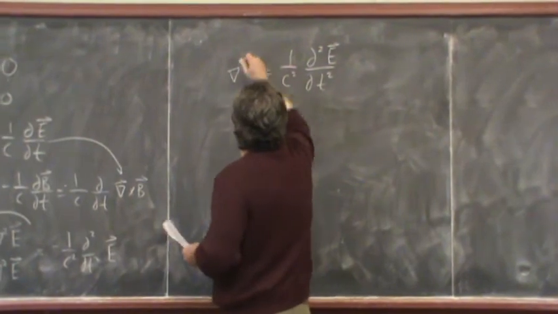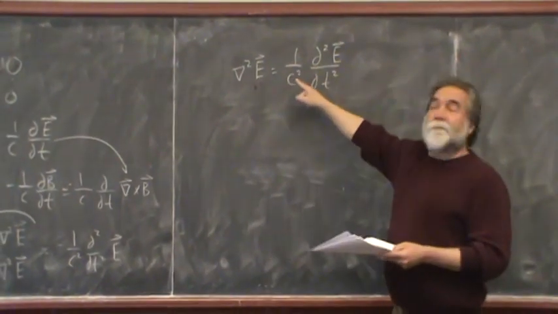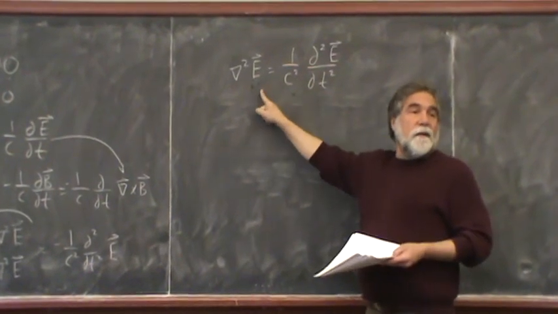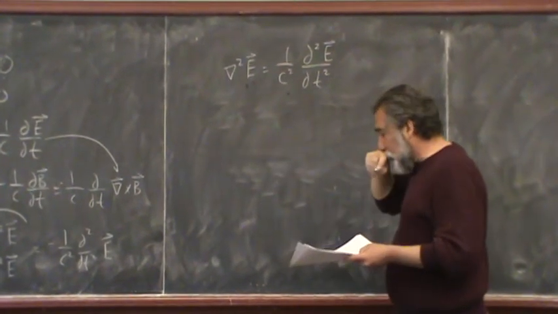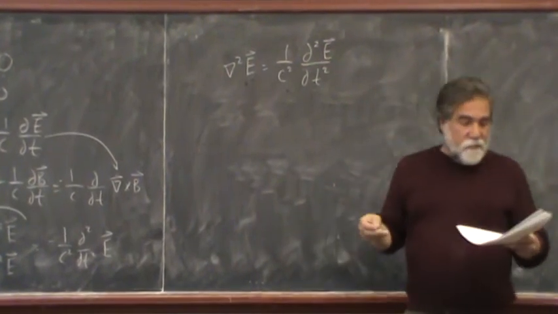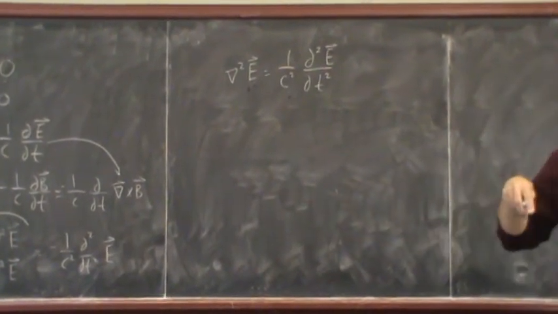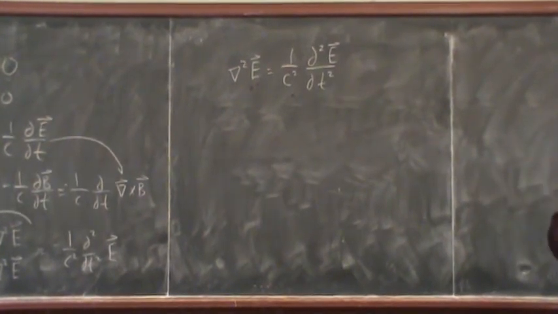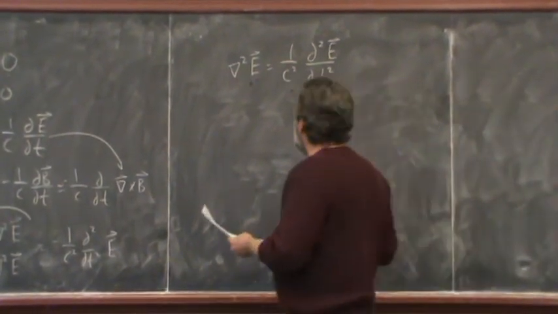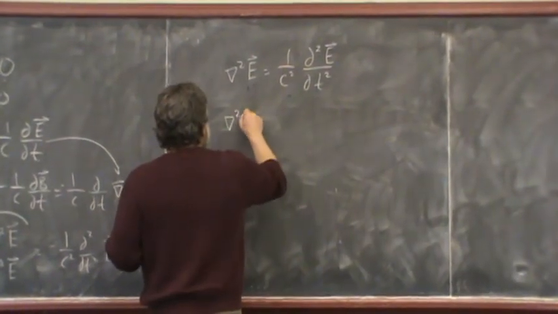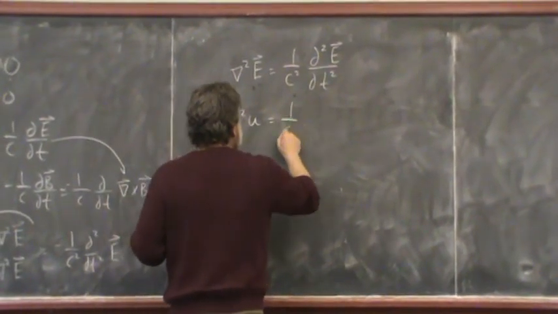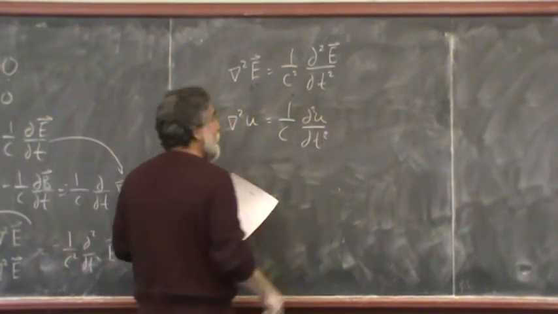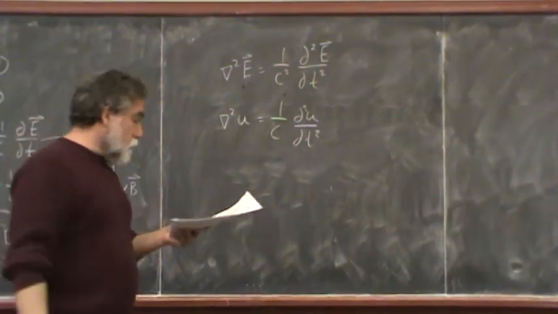If we just think about solving this as a scalar field, the form of the solutions is going to be the same. It's just that ultimately I will need to include a prefactor which defines a vector direction. But if I just were to write this and say, let's look for solutions to that, then those solutions look like this.